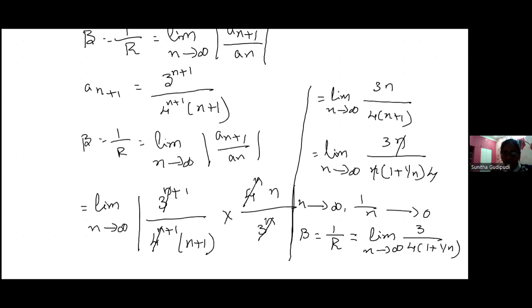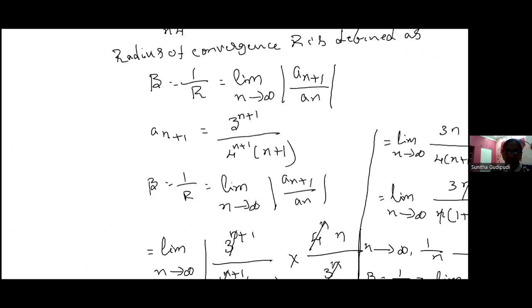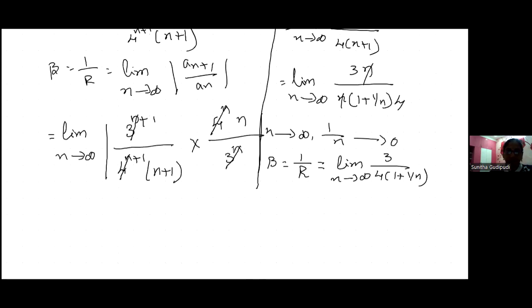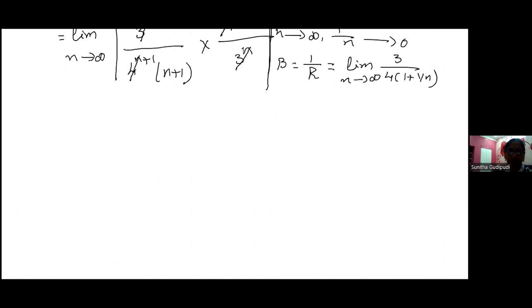Running the limit as n tends to infinity gives us 3 by 4.